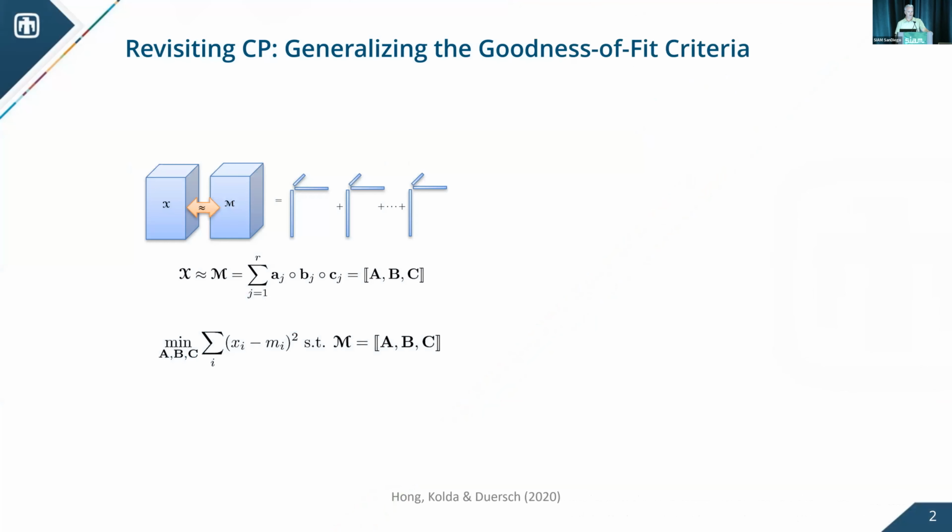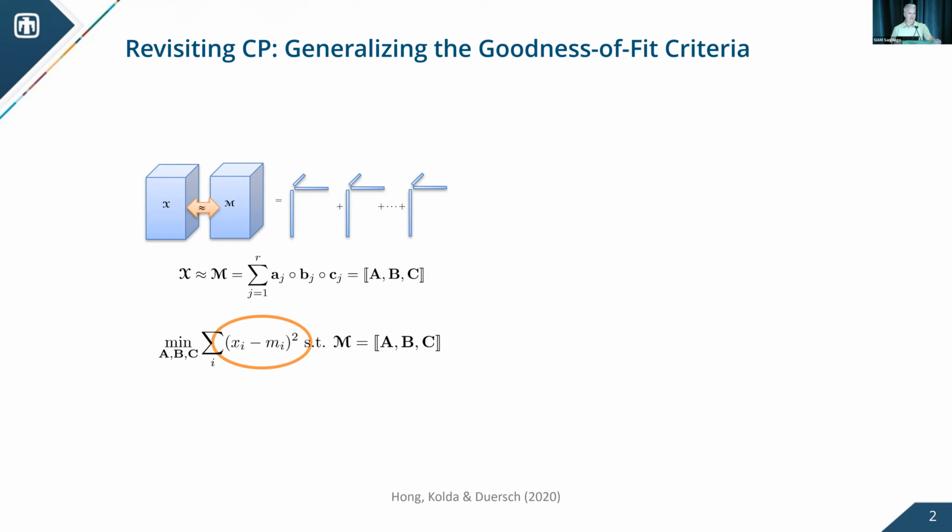Okay, I'm going to start by revisiting what Tammy had talked about for CP, and then start to extend it from where she left off. So this is the data and model description that Tammy had brought up for the CP model. And we want to look at this model where we have a fit between model and data per entry, and then a sum over the squares of the differences of those entries between the model and the data.